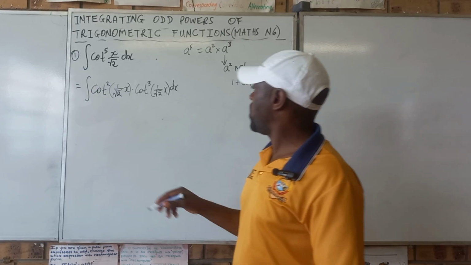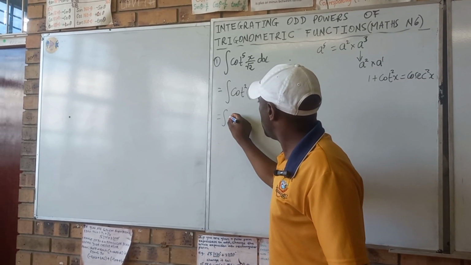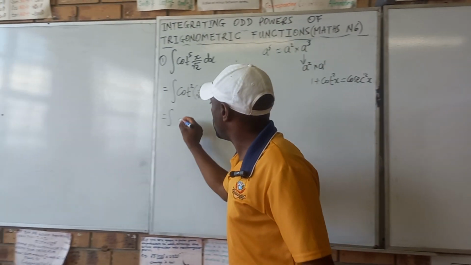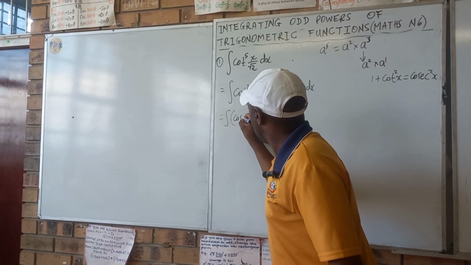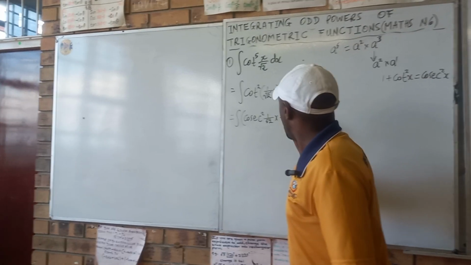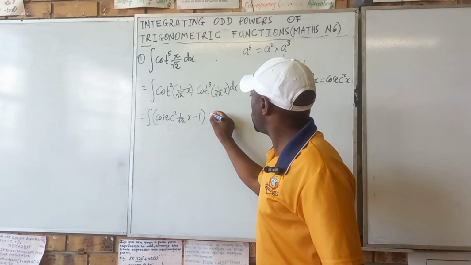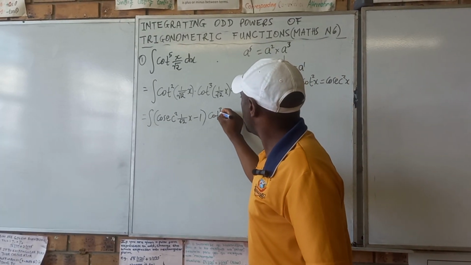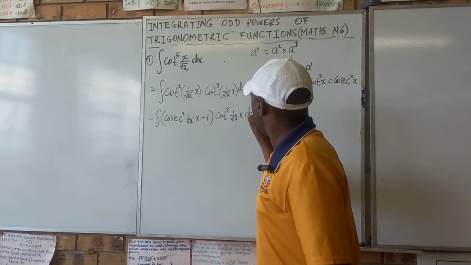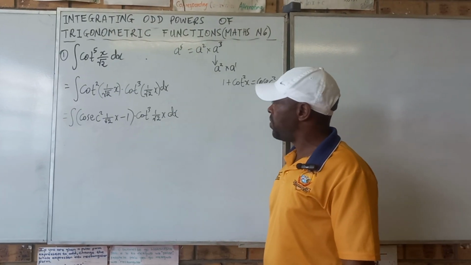So if I make cot squared the subject, I have to go this side, so cosec squared minus 1. So I get cosec squared (1 over root 2)x minus 1. That's what we replace cot squared with, then multiply by cot cubed (1 over root 2)x dx. So that is what I've done in the second step.